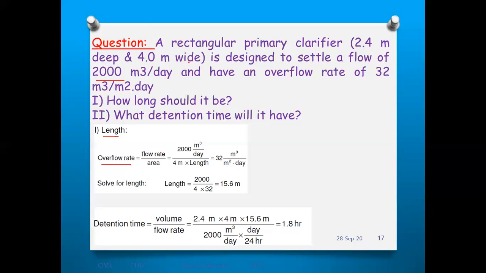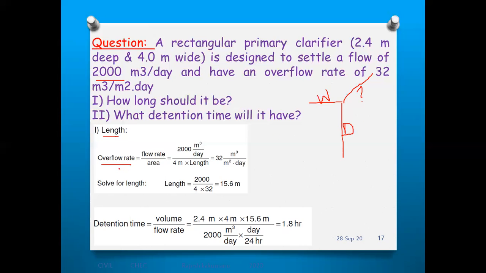So మనకి ఇక్కడ width ఇచ్చాడు, depth ఇచ్చాడు, but length అయితే ఇవ్వలేదు, right? So this is the depth, this width is given, but this length you have to find. Okay. Then overflow rate is equal to flow rate by area, that is equal to 2000 meter cube per day divided by 4 meters into length.